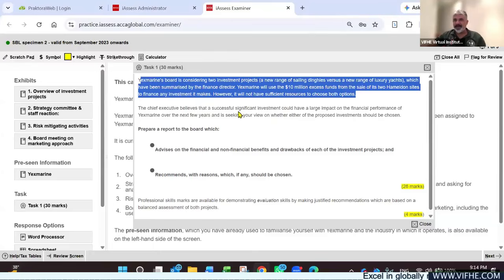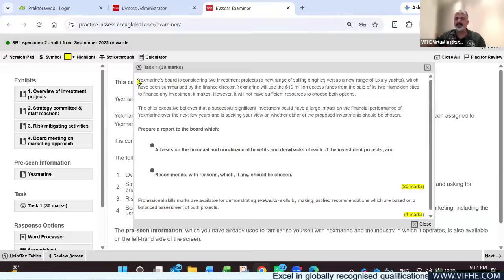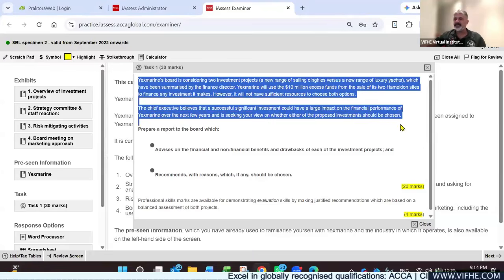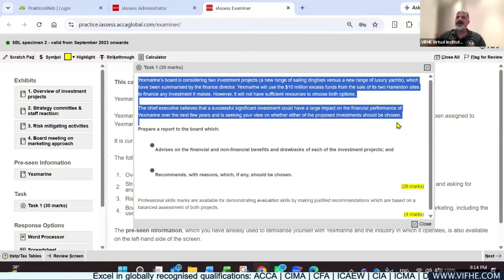The first component is this portion, the unbold portion. This one, unbold portion. This is called the background of the requirement, which will give you the context of this requirement.